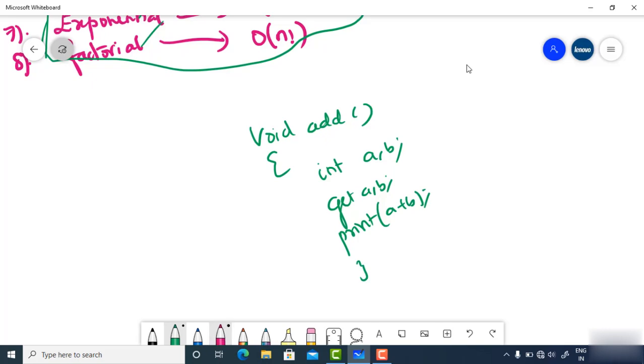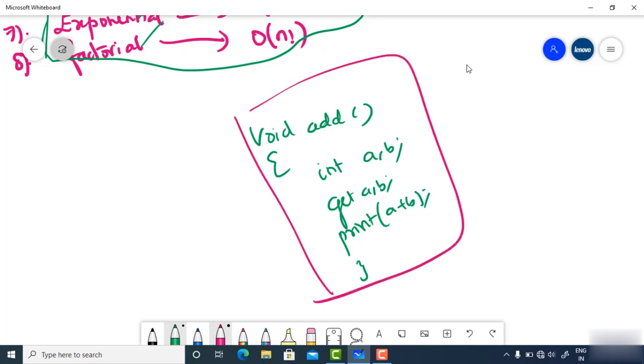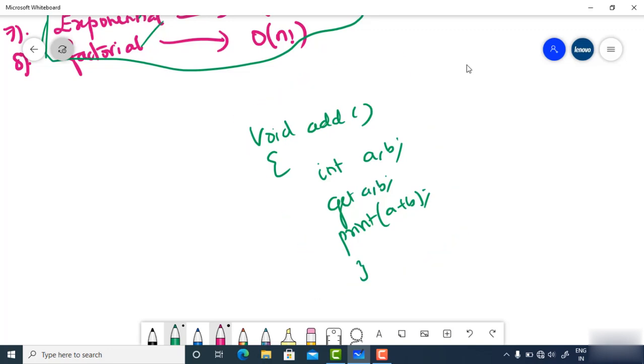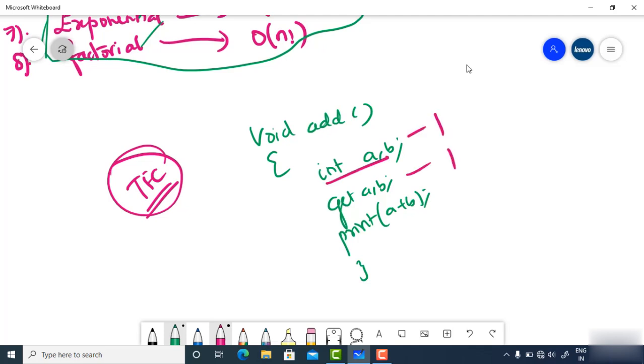So here you check what is the time complexity of this algorithm. Somebody asks you, right? That's very simple, guys. You have to just look for the total frequency count, okay? And you say this statement executes one time, this executes one time, this executes one time, and totally this will take 3 units to execute this particular algorithm, right?